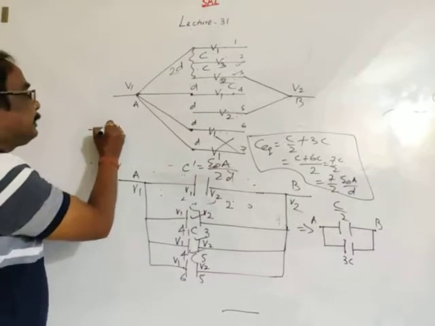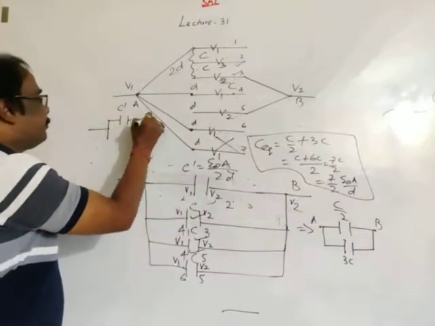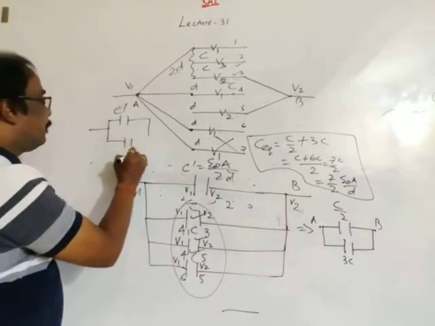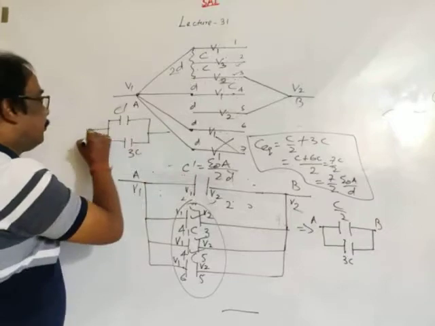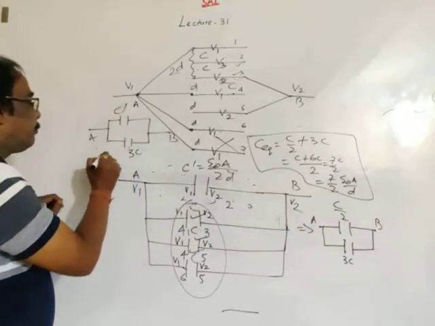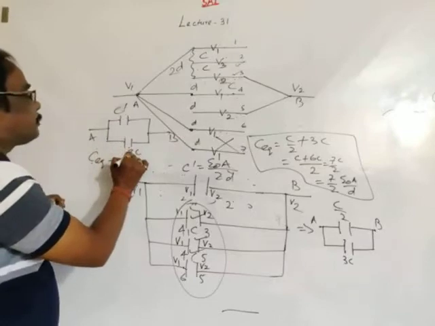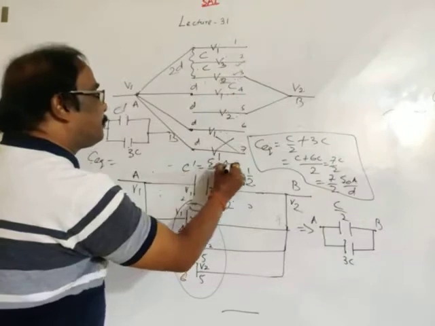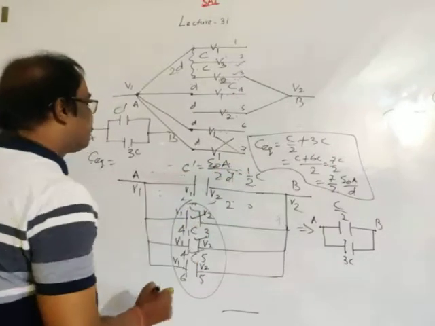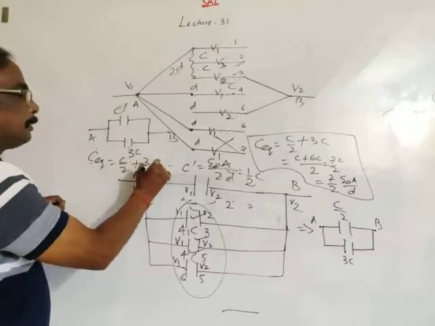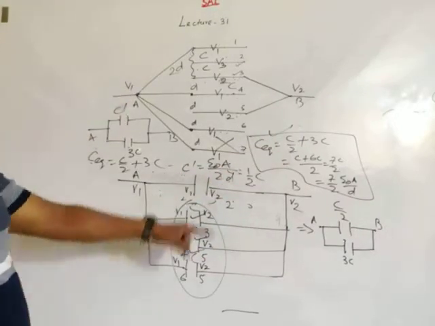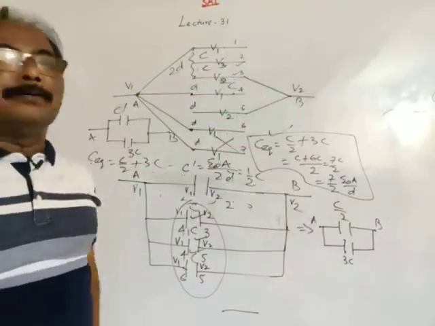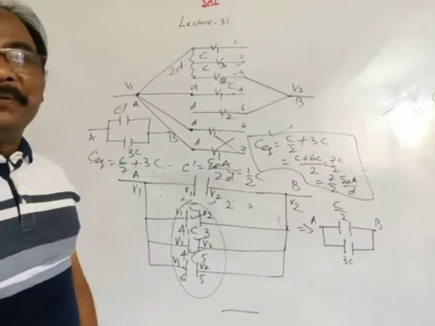Then, if you consider this capacitance is C dash, this capacitance is C dash, and combination of these three is 3C connected to A and B. Now all these two are in parallel, then equivalent capacitance is C dash plus 3C, C dash is C by 2, that is 1 by 2 into epsilon naught A by D. Again C by 2 plus 3C. The same thing. You may divide this gap into two parts, or you may just imagine that this plate is removed. The same thing.